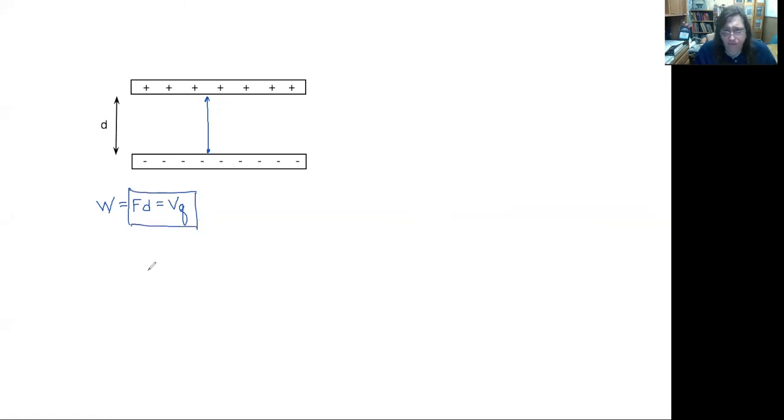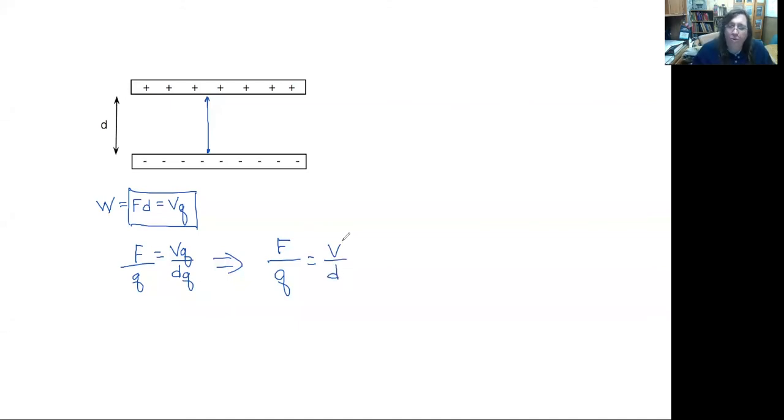So we're going to divide both sides by D, and then I'm going to divide both sides by Q. So my end result then is I get F over Q equals V over D.